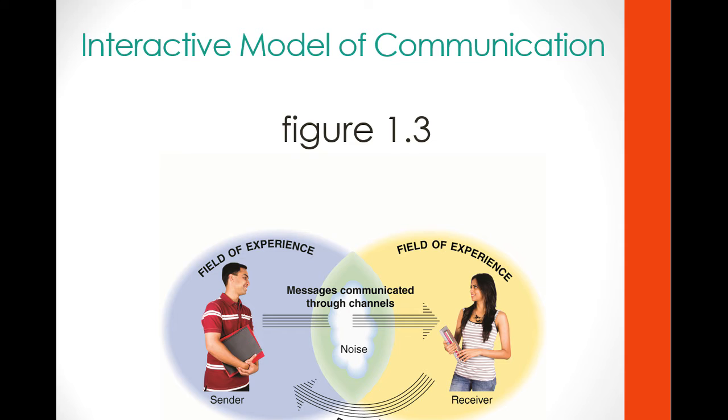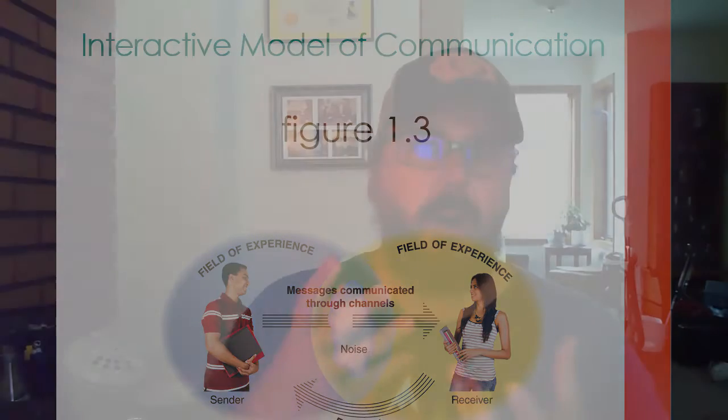Fields of experience consist of beliefs, attitudes, values, experiences that each participant brings to a communication event. So these are the ideological substances that come to a table as we begin to communicate.